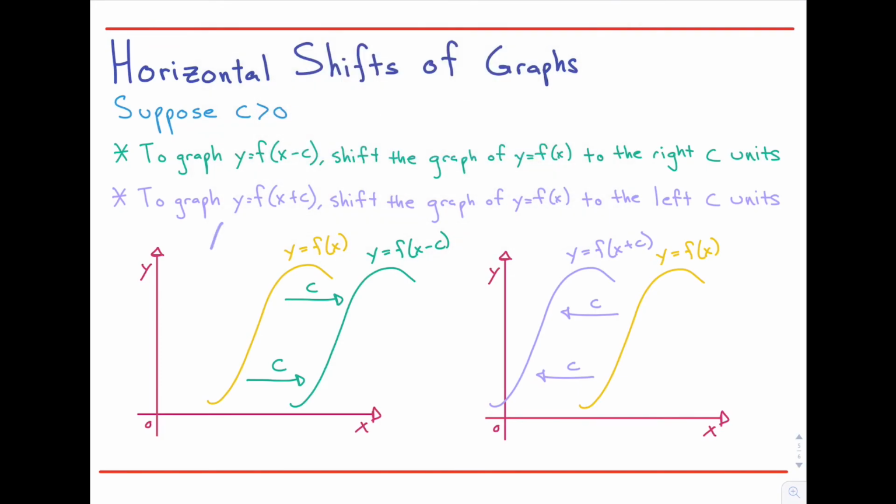If we have like y equals f of x minus negative c, that tells us that we're going c units to the left. In the previous case, f of x minus c, right there, that just tells us that we're going c units to the right. So minus is the standard form, so we need to look for c or negative c, that is f of x minus c or f of x plus c.